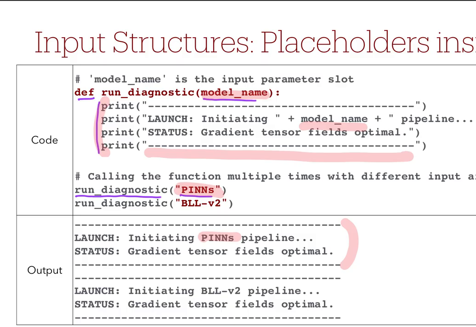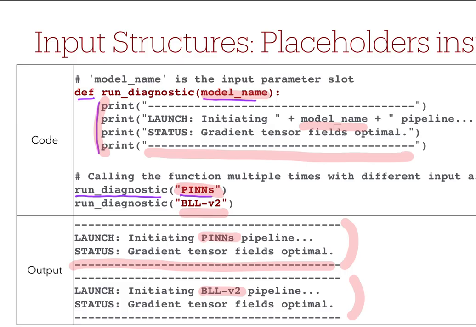Then when you call run diagnostic again with a new value BRLv2, my model name variable will be created again with, in this case, a different value, BRLv2. So those 4 lines will be printed with a different value for model name. In this way, I can provide certain information to the function.